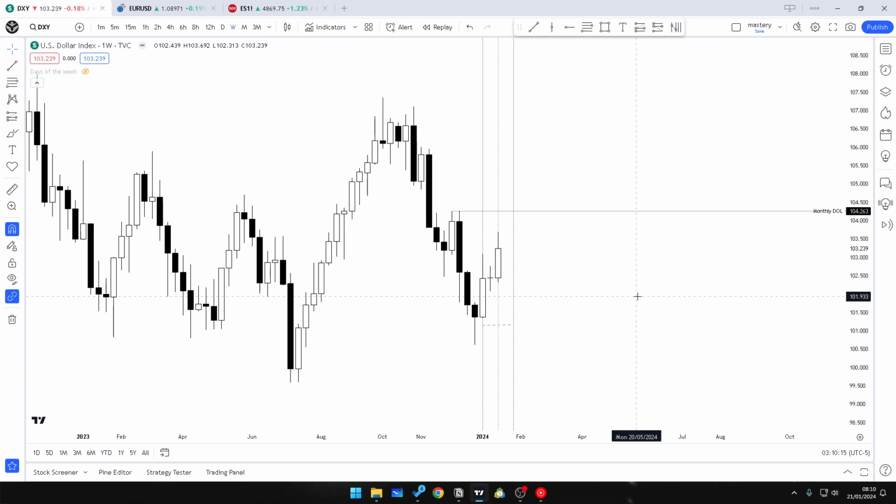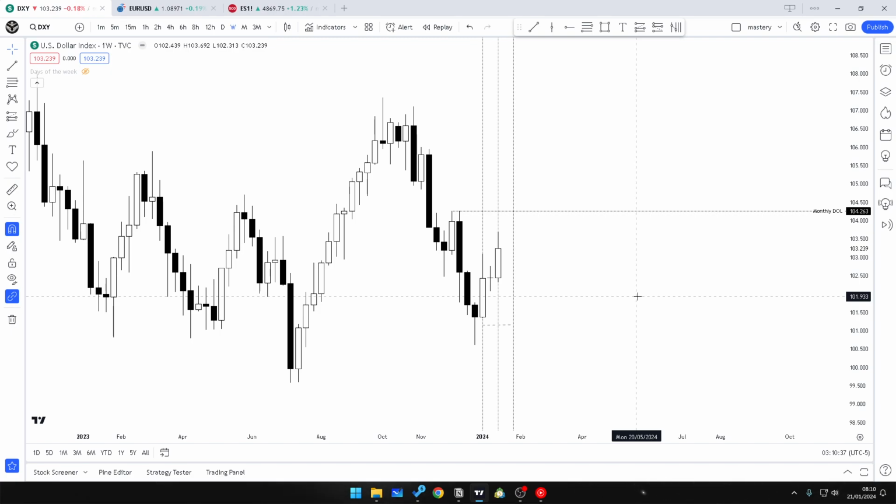ICT mentions that he always looks for the weekly drawn liquidity, and he tries to buy or sell based on whether the liquidity is an old high, old low, old equal highs, old equal lows, a fair value gap, or a busy in this case, and he's trying to trade into those.